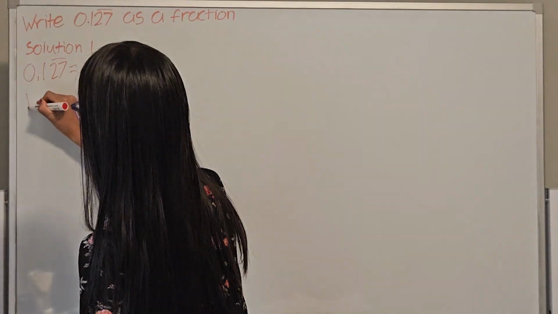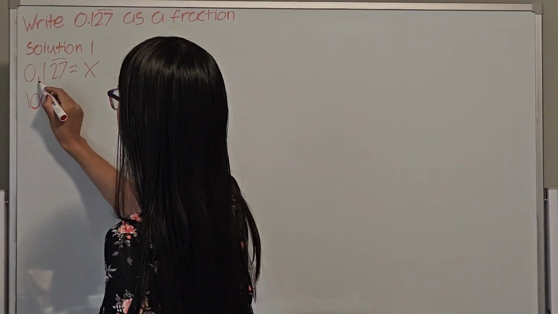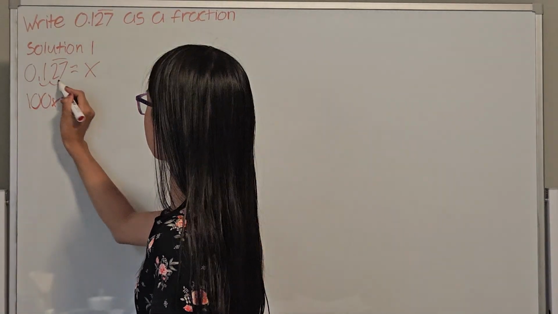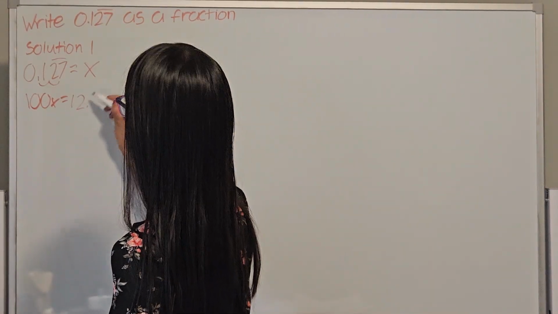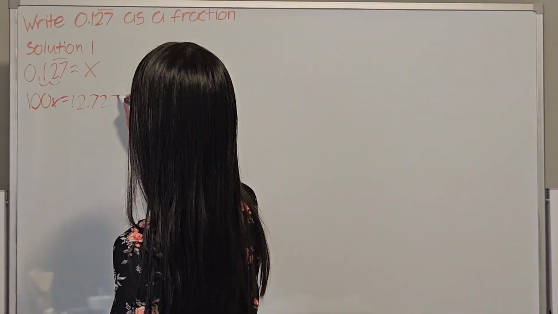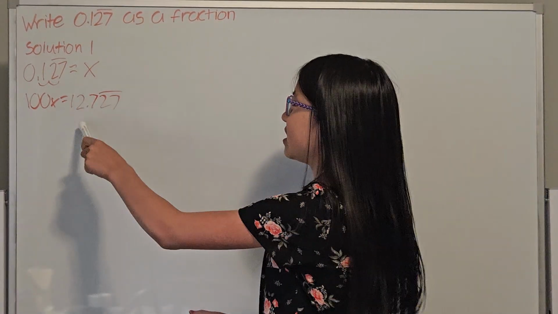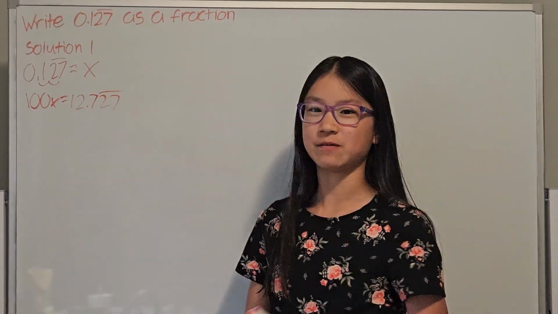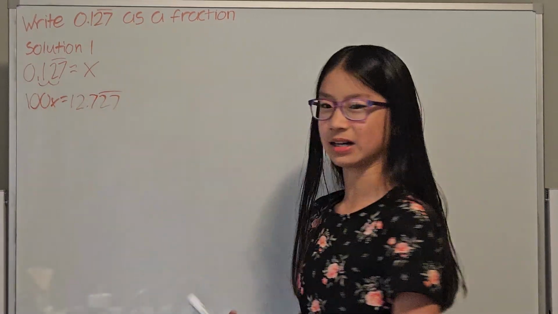So 100x equals, we move the decimal 2 places over, which equals 12.727 continuing.